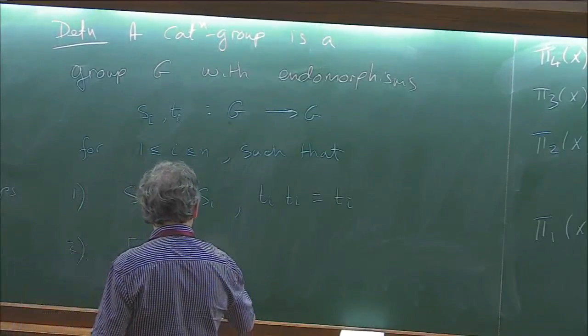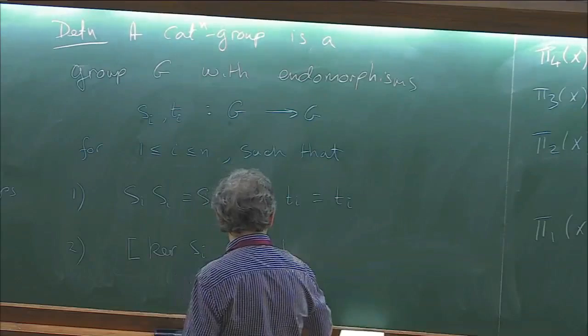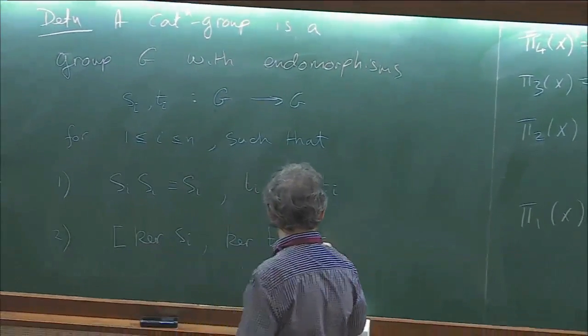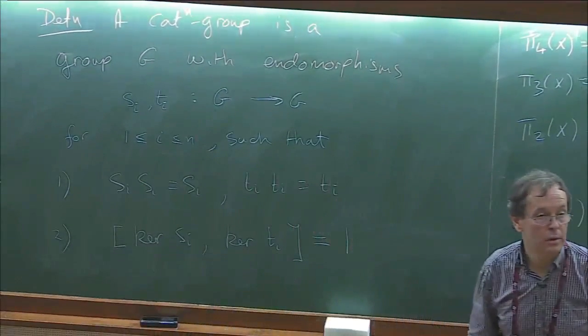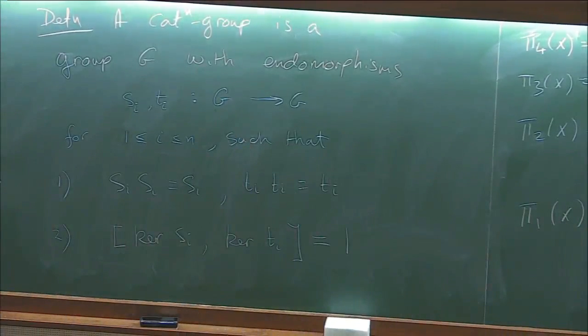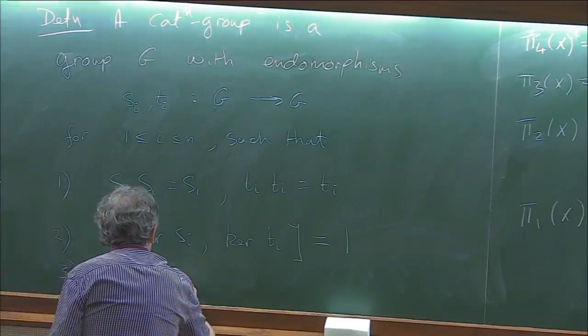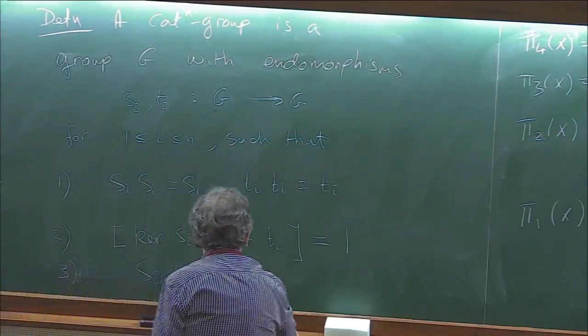If you take the kernel of the endomorphism Si and the kernel of the endomorphism Ti, they actually have to commute. And then the third condition is that these category structures have to be compatible. So you need that Si, Tj, they commute.